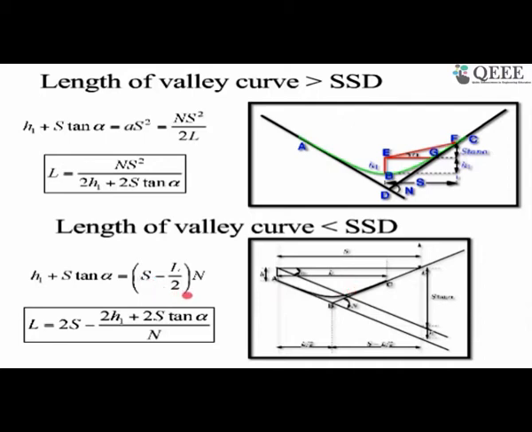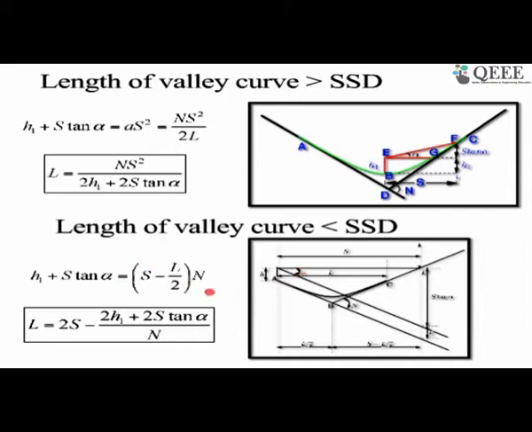There are two components, S minus L by 2. S is the total sight distance and L by 2 is the portion of the tangent, which is going to be here, or if you recall the summit curve, it's L by 2. So this is the portion which is going to remain in the tangent, and times n, that will give me the distance in the horizontal direction.